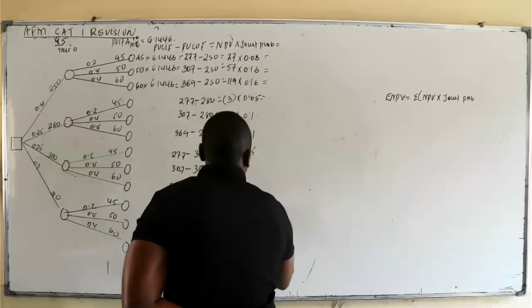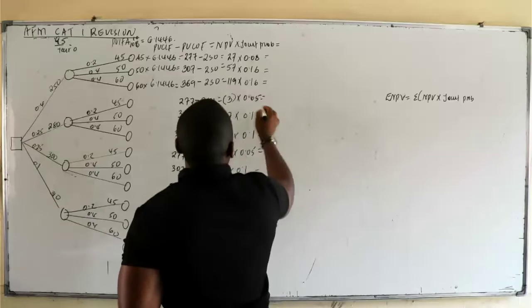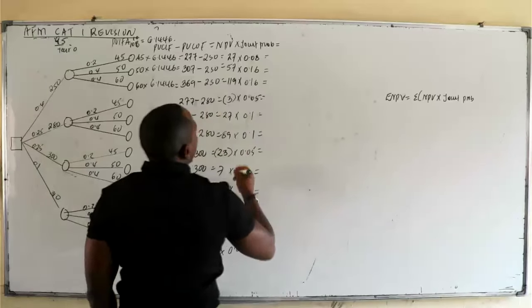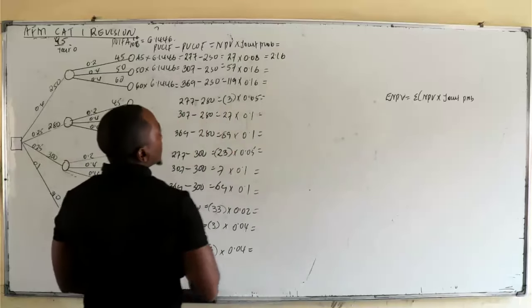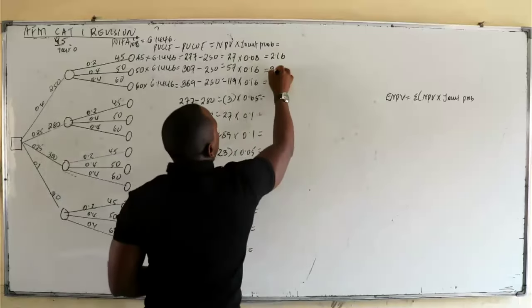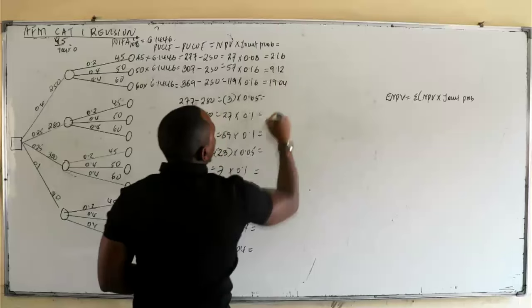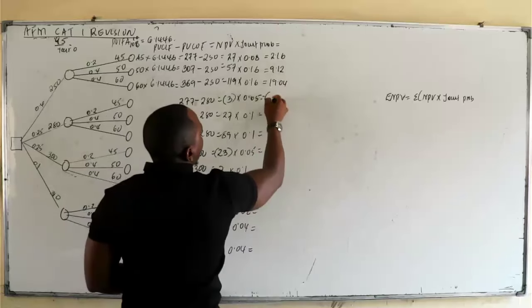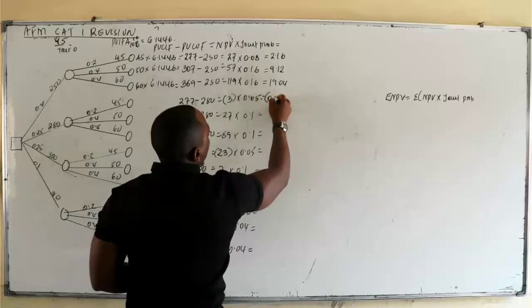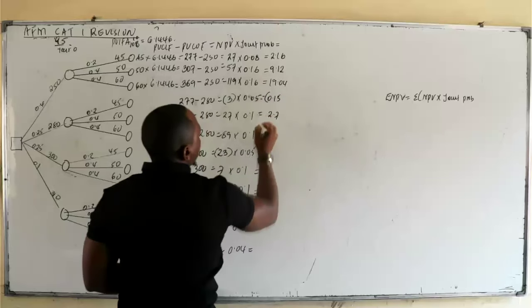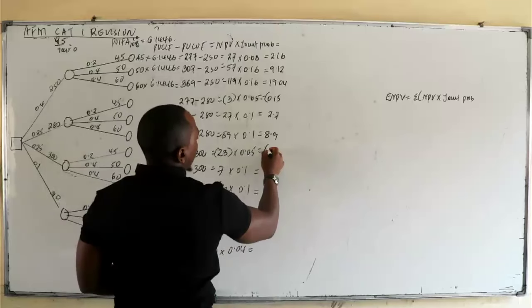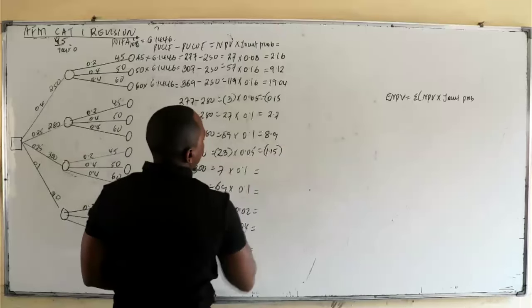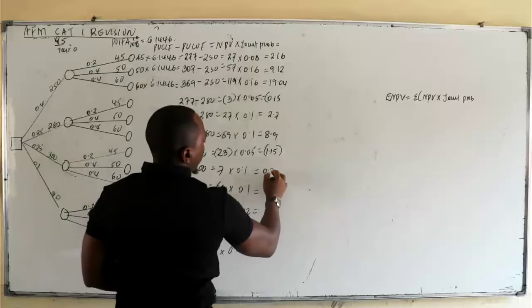Now give me the NPV. The first one is 2.16, 9.12, 19.04, negative 0.15. This is 2 point. This is 8 point. This is negative 1.15. This is 0.7.